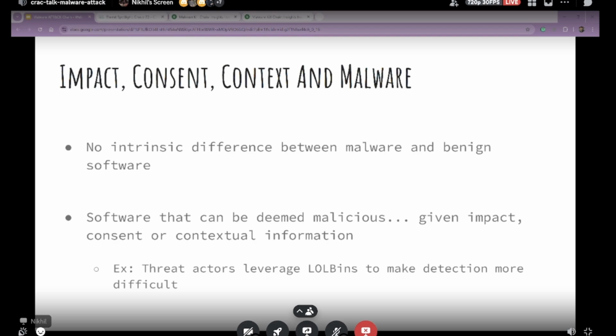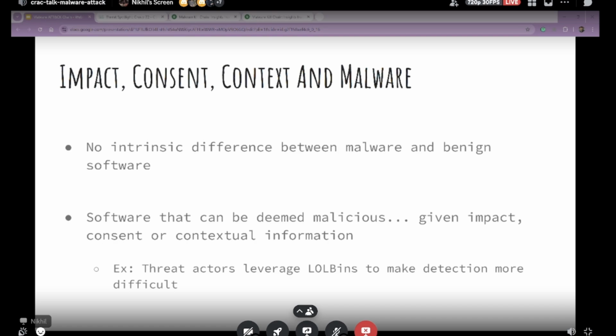If someone executes ransomware on your system, the impact is that your files are going to be unusable and it will disrupt your work. That is obvious, that's malware. Now consider another scenario. Something is wrong with your system, so you call IT for support, and the person from IT says, "I'm going to remotely control your system using some software and troubleshoot the issue if you consent to it."